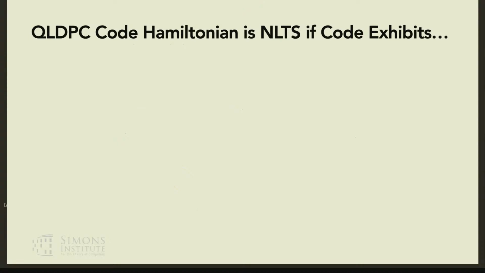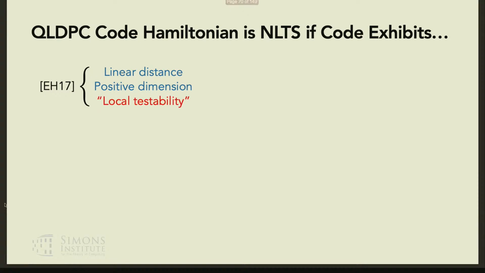So I've told you that these qLDPC code Hamiltonians will be NLTS if the code has certain properties. I'll now say what these properties are. Eldar and Harrow in 2017, who first used this approach, showed that if the code has linear distance, any positive dimension, and a very strong property called local testability, then the code Hamiltonian is NLTS. I won't get into this local testability property yet, but it's very strong, and we still don't know how to construct these codes because this property is so strong.